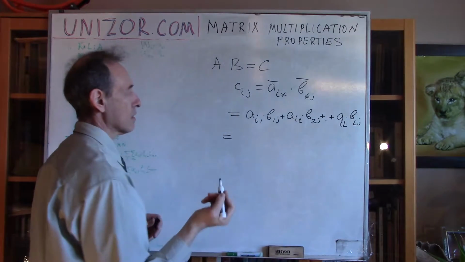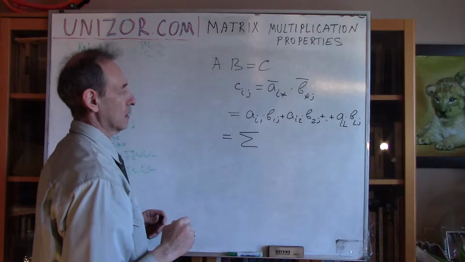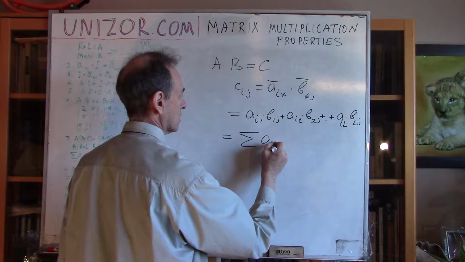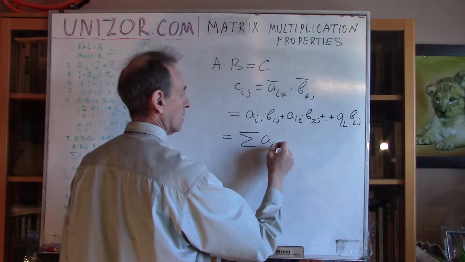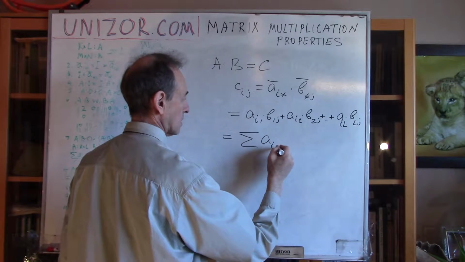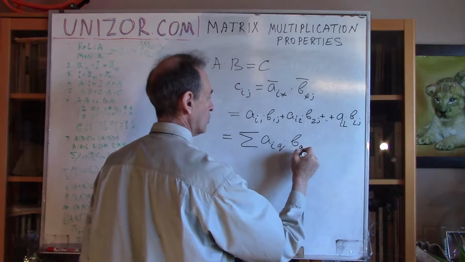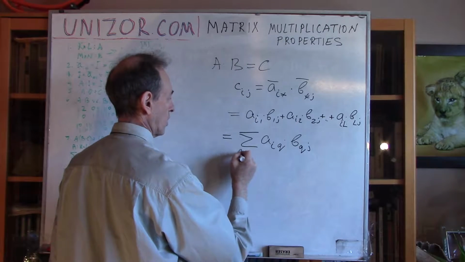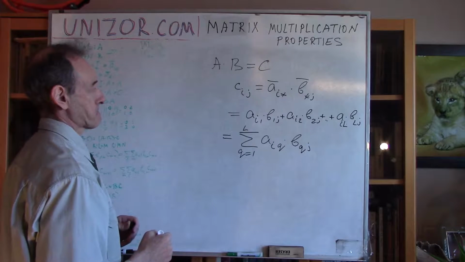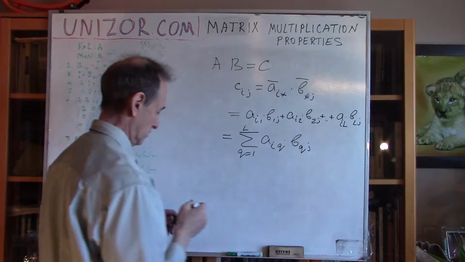In other words, I might actually use the expression which contains a Greek symbol, capital sigma, which basically is the same thing as this. Let's use index q, for instance, Aiq times Bqj, where index q is from 1 to the capital L. So this is just a shorter notation for this one.